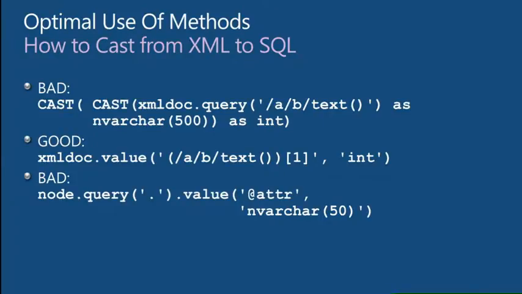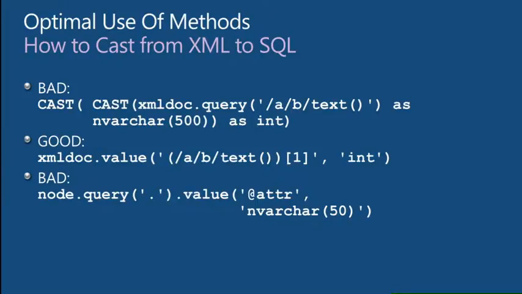Another one is that I see people, especially using the nodes method, do a nodes method, and then they have a node. And then they say node.query, and then they say value. The query thing does two things. The node here is just a pointer into my XML document.